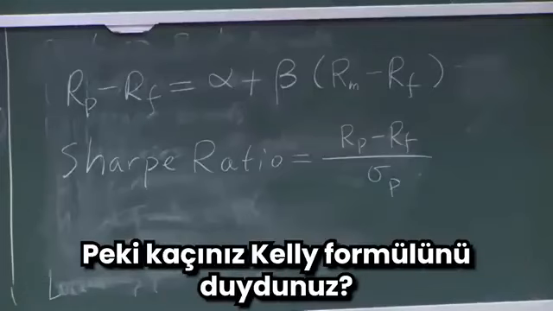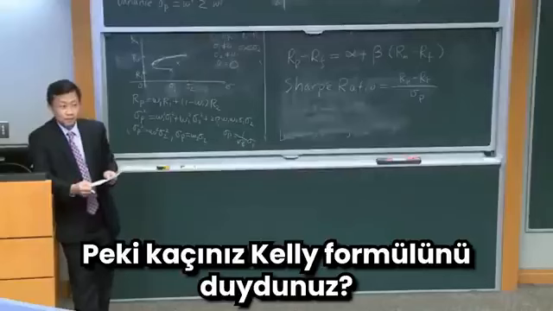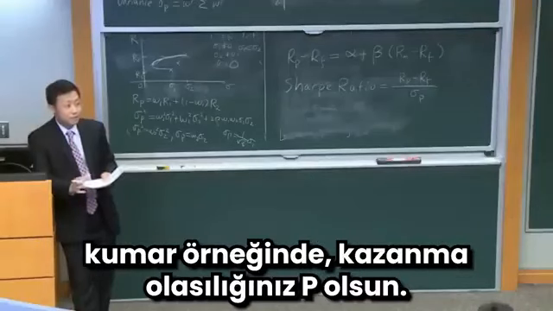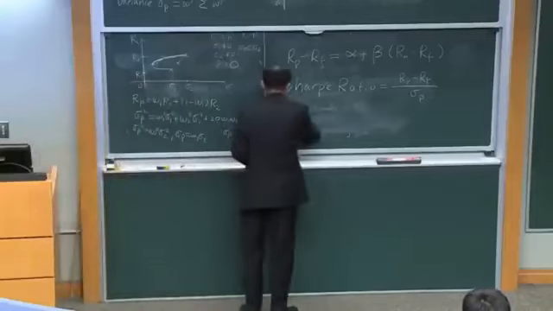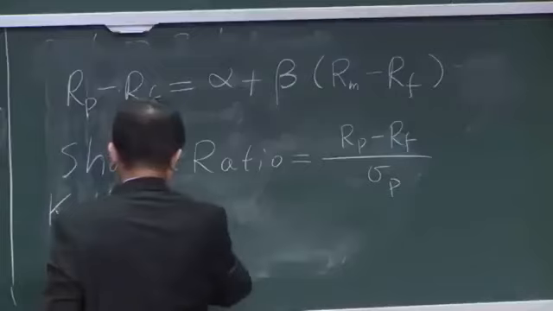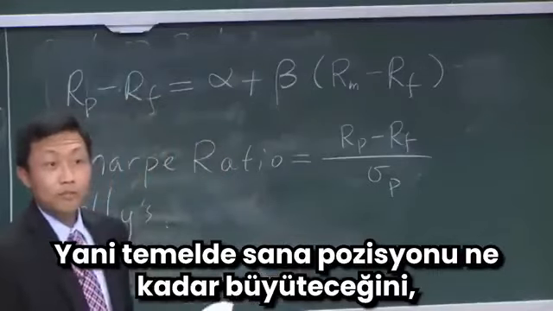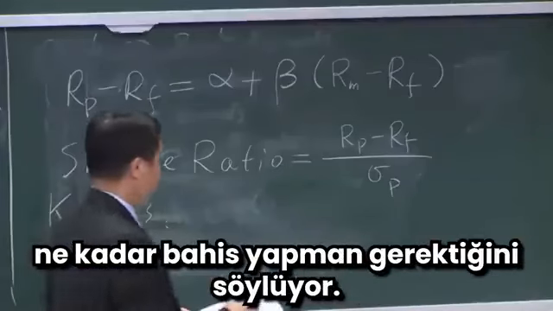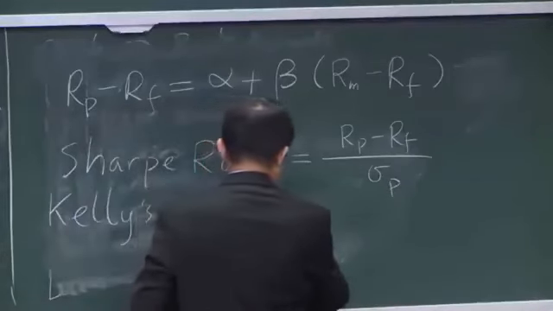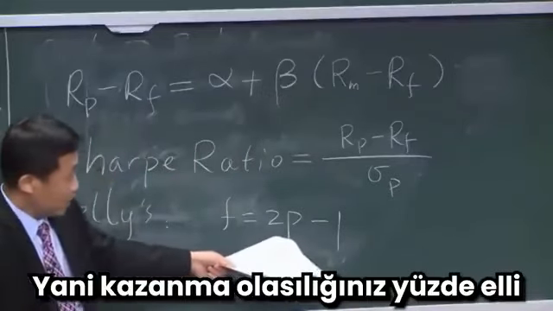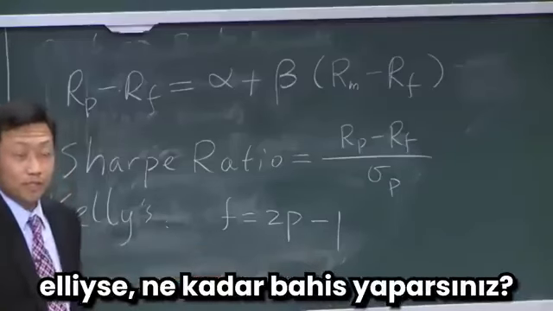And how many of you have heard of Kelly's formula? Kelly's formula basically gives you, in the gambling example, that your winning probability is P. It tells you how much to size up, how much you want to bet on. It's a very simple formula. If you have a winning probability of 50-50, how much do you bet?